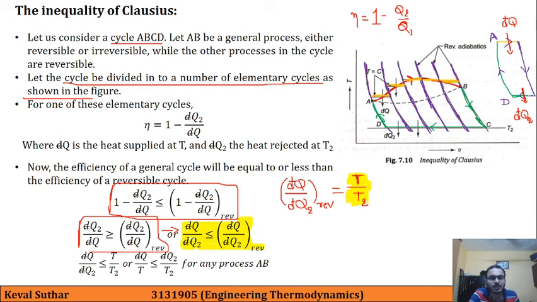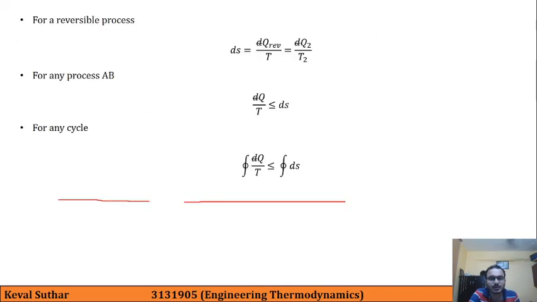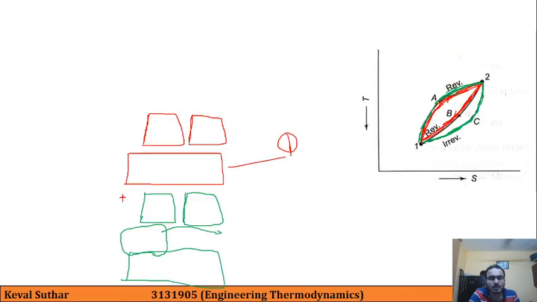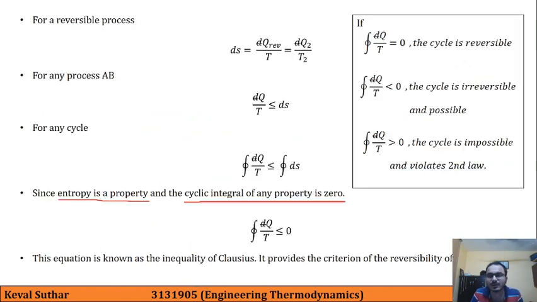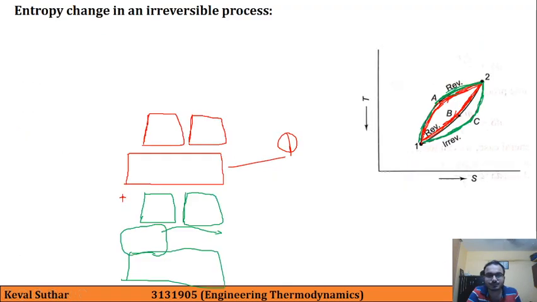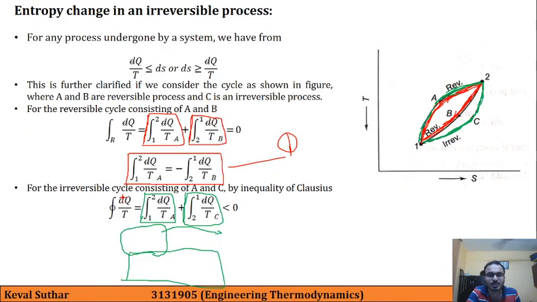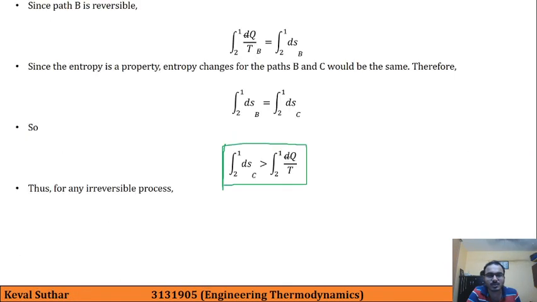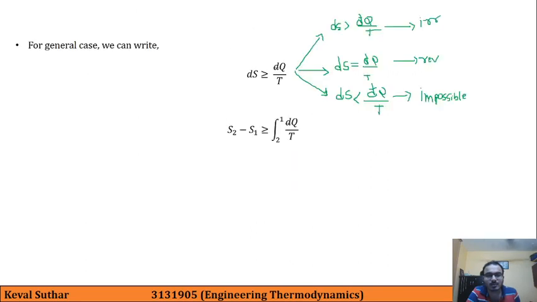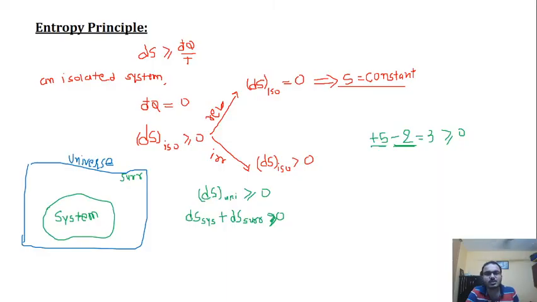This is the inequality of Clausius, and at the end of the inequality of Clausius we arrived at this important criterion for a process to be reversible or irreversible. Then the entropy change in an irreversible process, and the last was the entropy principle.